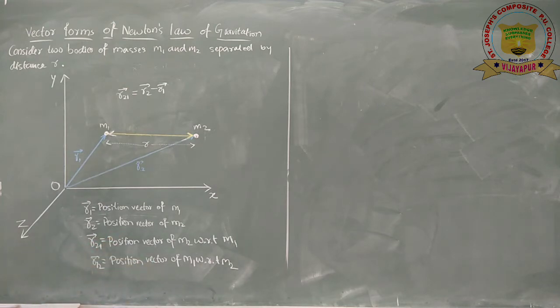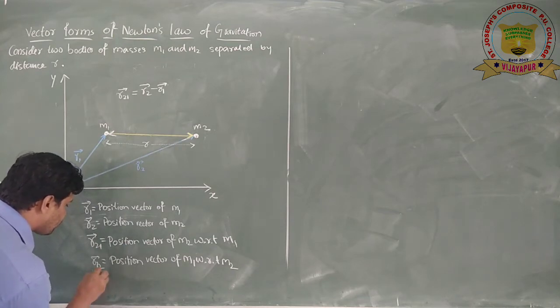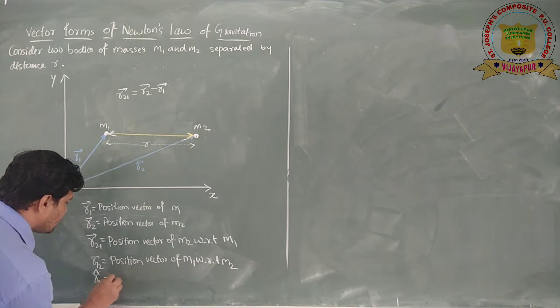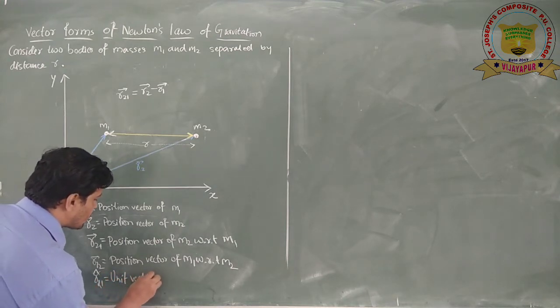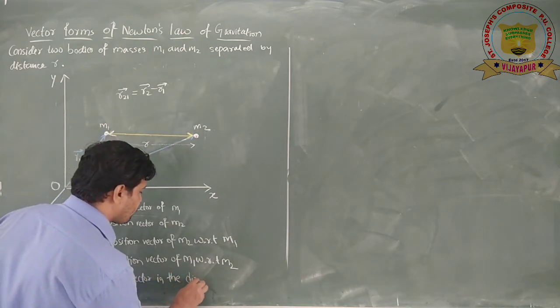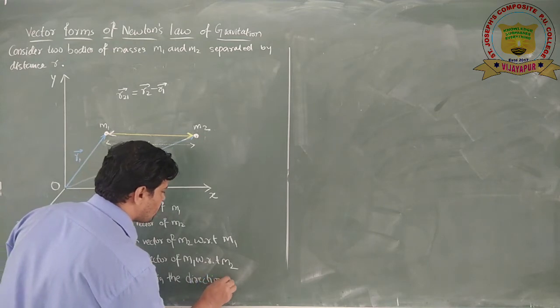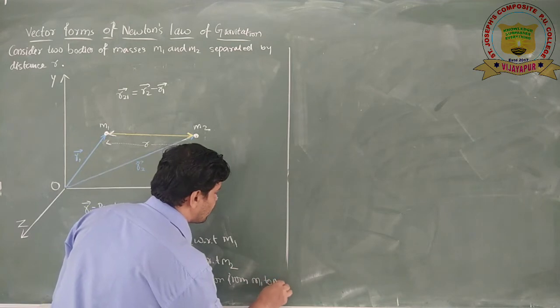Now there is one more vector, that is the unit vector. A unit vector is actually a vector, but its magnitude is only unity, that is only 1. First I will write the unit vector r21. It is the unit vector in the direction from m1 to m2.